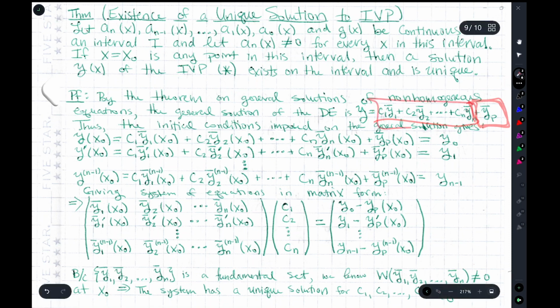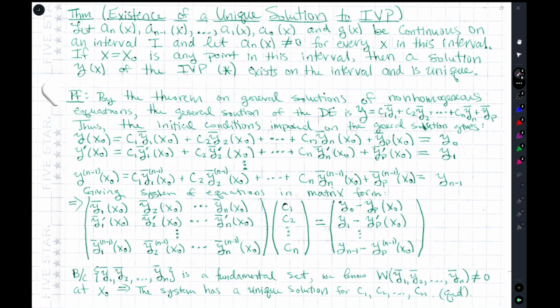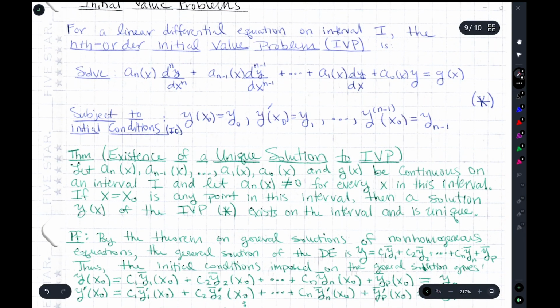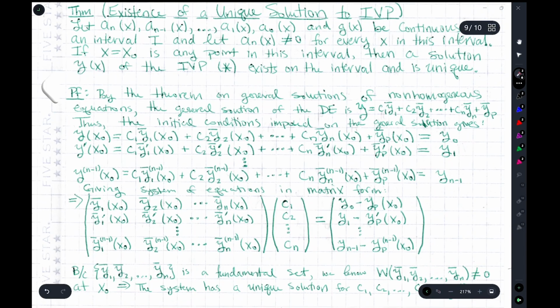Complementary and particular. So we have that general solution, and now let's see if we can satisfy the initial conditions. We want to solve this subject to these conditions.